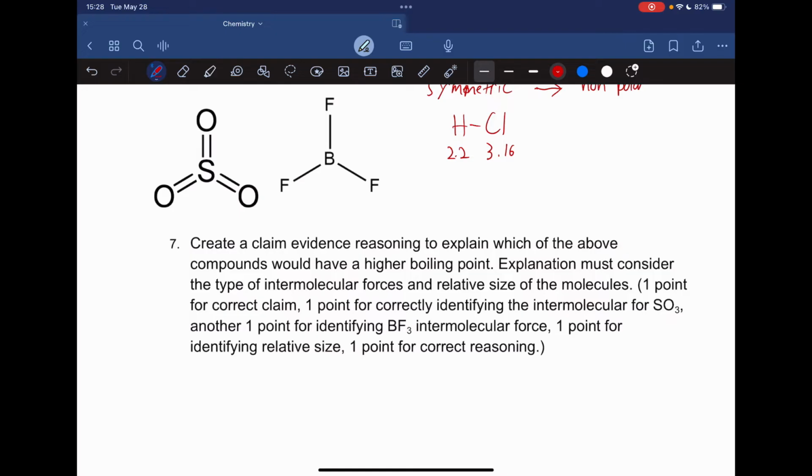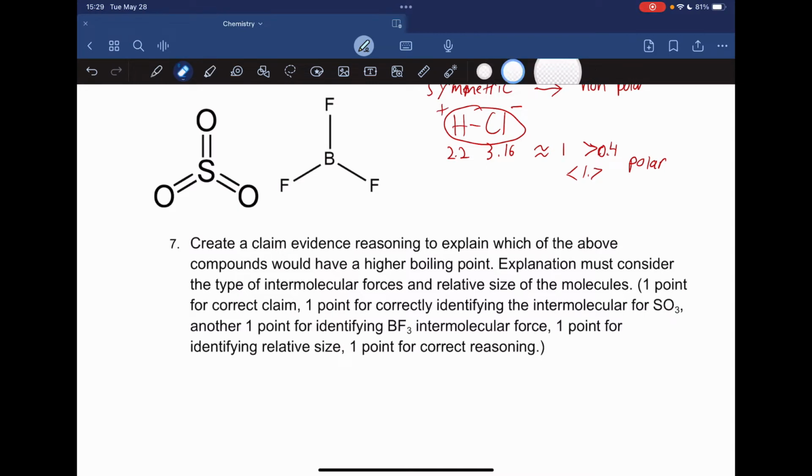The difference between that is approximately close to 1, and that is definitely above 0.4, but below, so it's less than 1.7. So this falls in the polar range. And since there's no symmetry of the molecule to cancel it out, the chlorine's going to have the negative side and the hydrogen's going to have the positive side.